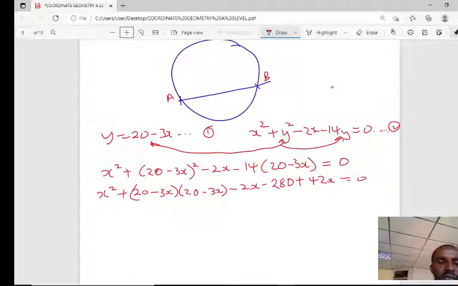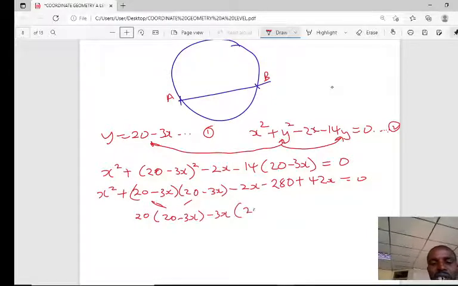Then let's just simplify this one first. It will be 20 minus 3x, then 20 minus 3x. So step by step, please, so that you won't get confused. Then simplifying this one, it will be 400 minus 60x plus 9x squared.